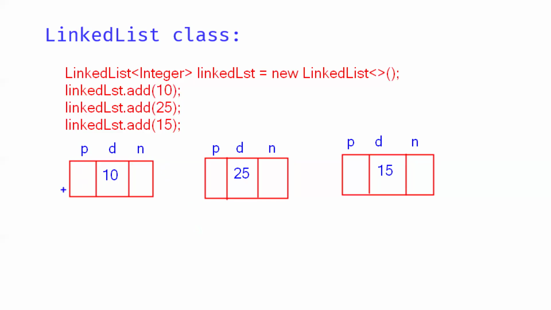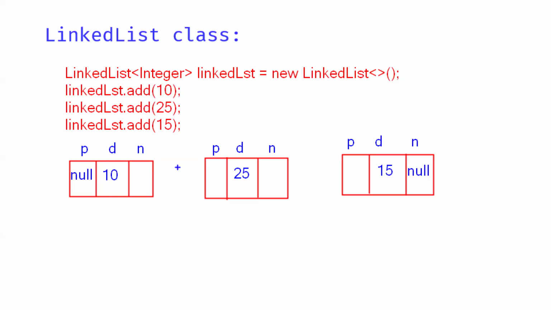If there is no previous node, the previous link holds a null value. If there is no next node, the next link contains a null value. So tell me now, what is the value in this previous link? Null. What about the last node here? Next link is null because I don't have a next element now. What about the next link of this first element?